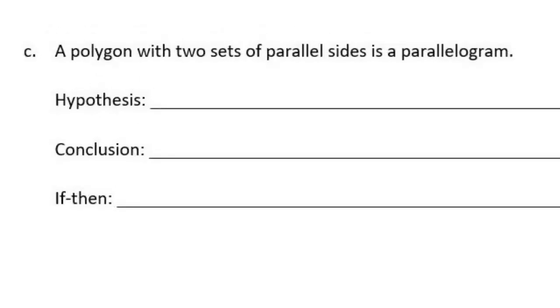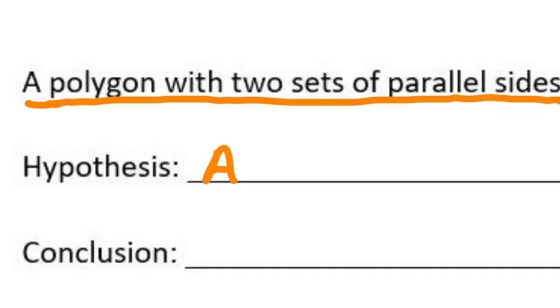So we want to take this idea, we have a sentence that has 2 pieces to it, and we want to break it apart into 2 separate sentences. So we have what? Yes. A polygon with 2 sets of parallel sides. So I'm going to say a polygon has 2 sets of parallel sides as my hypothesis.